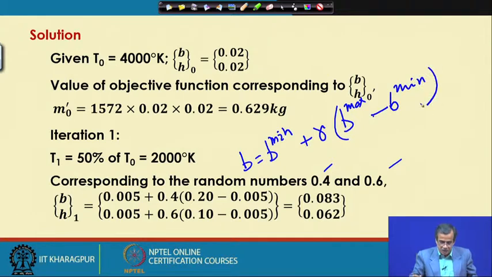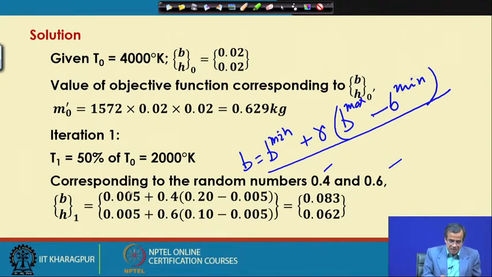This formula we use to find out the value of B. Here B minimum is 0.005, the random number is 0.4, B maximum is 0.20. So, I am getting the value of B as 0.083.